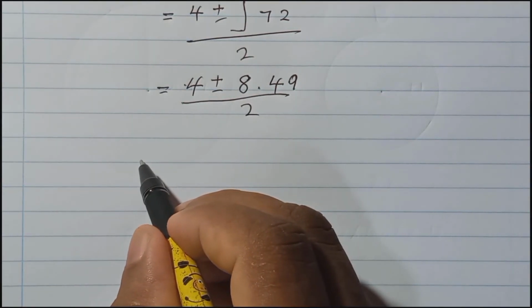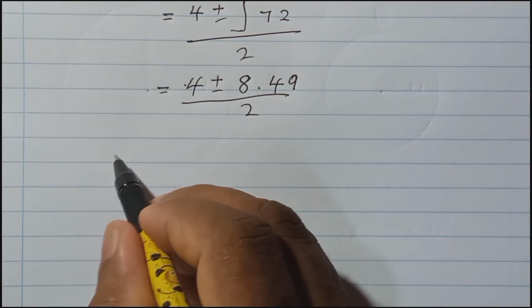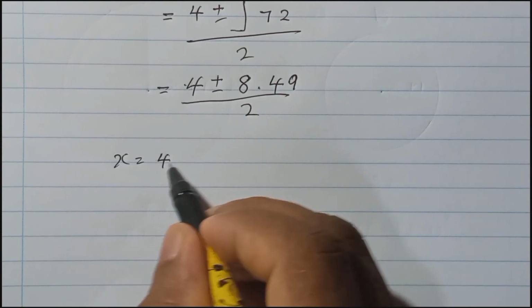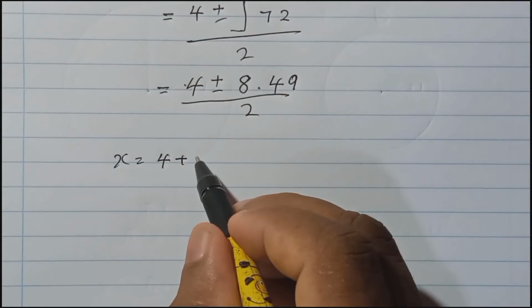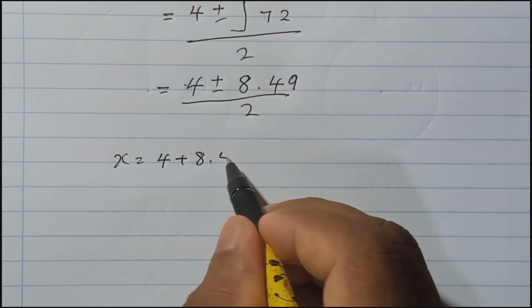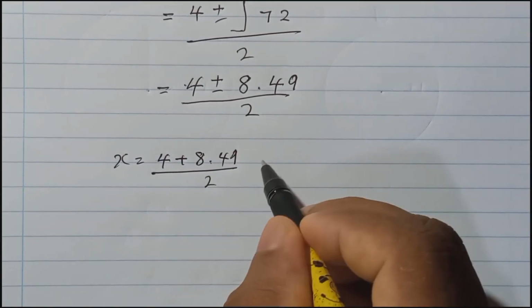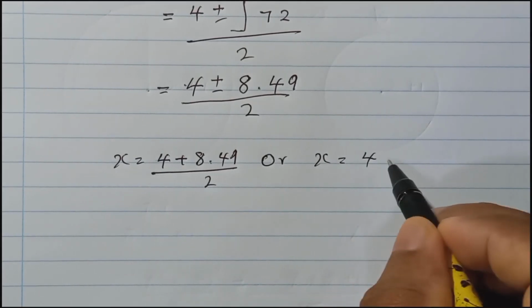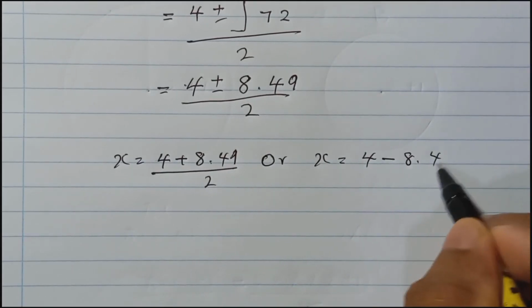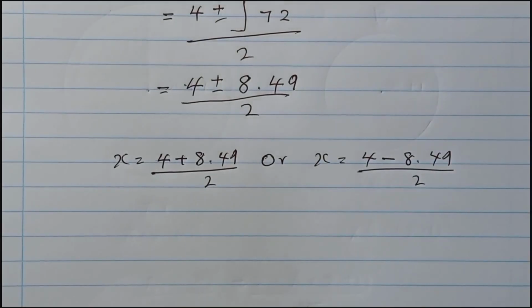Here you can write x equals plus 4, and one of these signs, plus sign I will put first, plus 8.49 over 2, or x equals plus 4 minus 8.49 over 2, right?